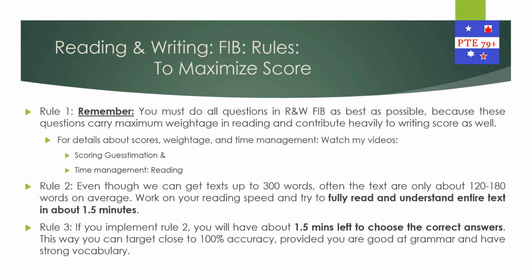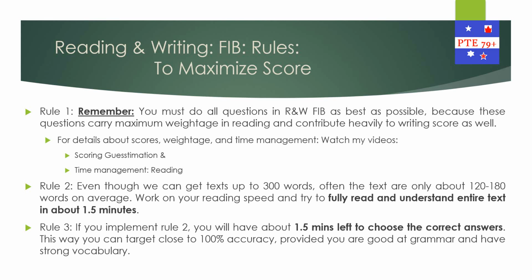So take 1.5 minutes and read the text correctly, understand it, and if you can do rule number 2 correct, in rule number 3 you'll have 1.5 minutes left, because we have allocated 3 minutes to complete this task. Now you have 1.5 minutes left in those 3 minutes to pick the correct answer. So while picking the correct answer, you might have to read a couple of sentences again.